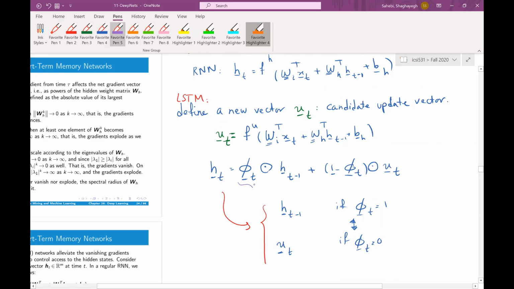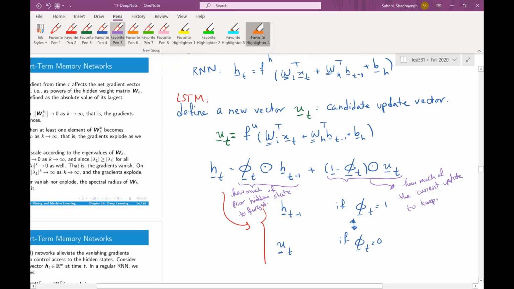So this is how much of the prior hidden state to forget. And this part is about how much of the current update to keep or remember.